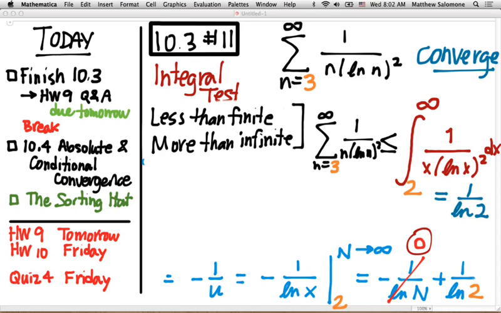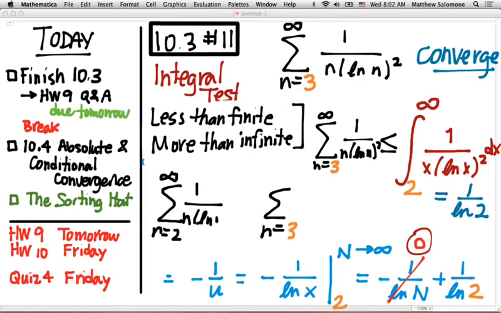And because the sum from n equals 3 to infinity converges, what's the only difference between the sum from n equals 3 to infinity and the sum from n equals 2 to infinity? What's the only difference between these two things? You're just missing a 2 to infinity partial sum.